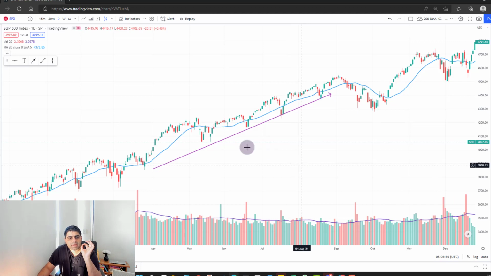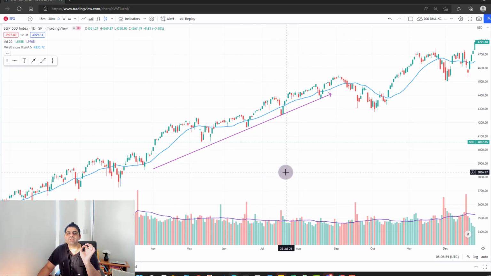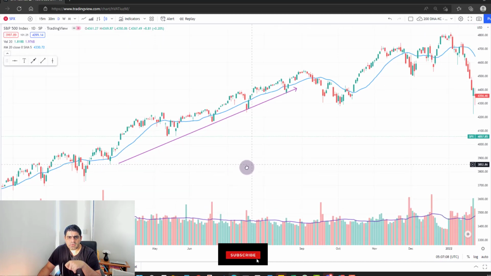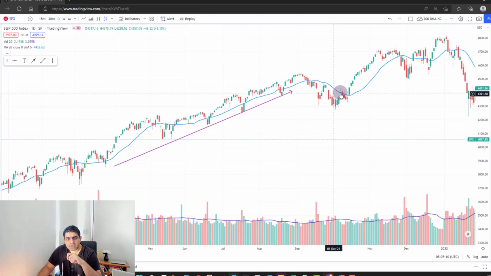Now, if the index is following the property of mean reversion, can we also, in other words, say that the 20 days moving average will help us identify when exactly this counter becomes oversold or overbought, right? As we can see over here, whenever the counter comes down a little too far away from the 20 days moving average, it tries to go back towards the 20 days moving average.